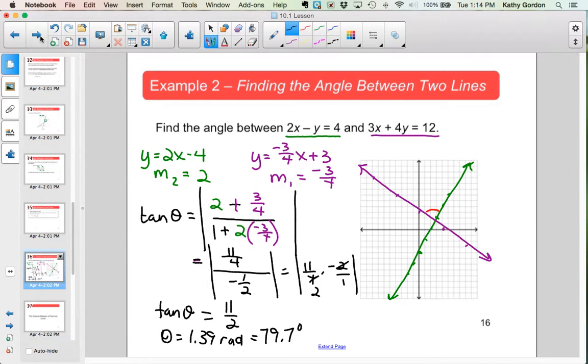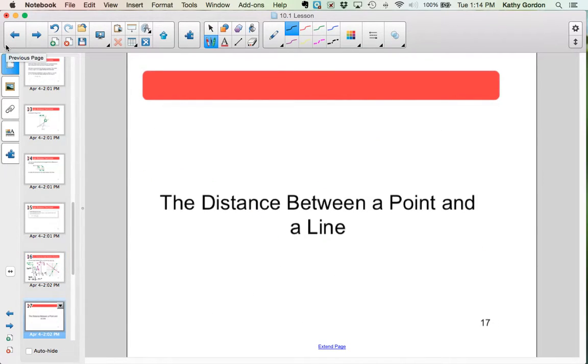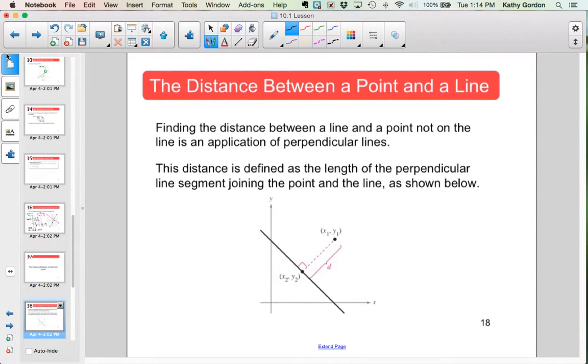All right, last part. Distance from a point to a line, assuming the point is not on the line. So when we're talking about this, there's a certain assumption we need to make, and that assumption is that if you drew a segment from the point to the line, that the segment would be perpendicular to your line.